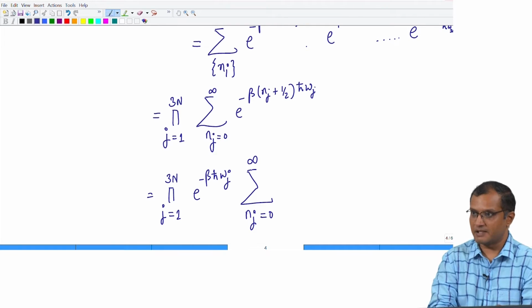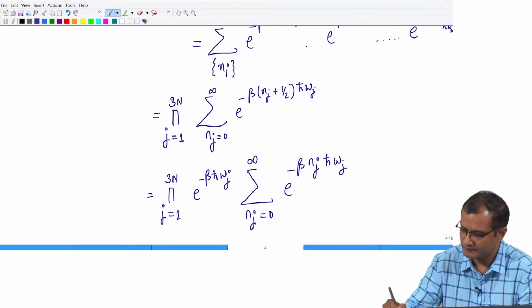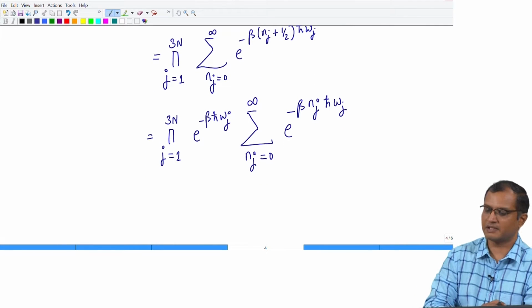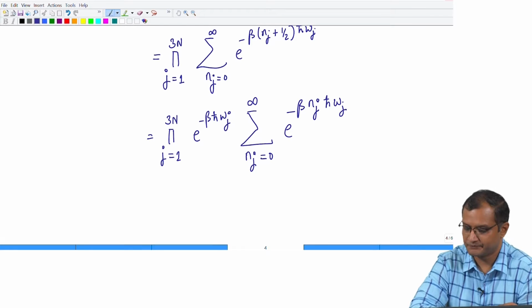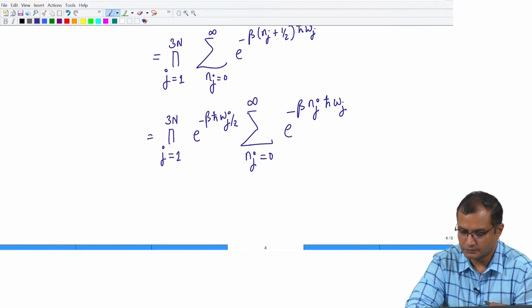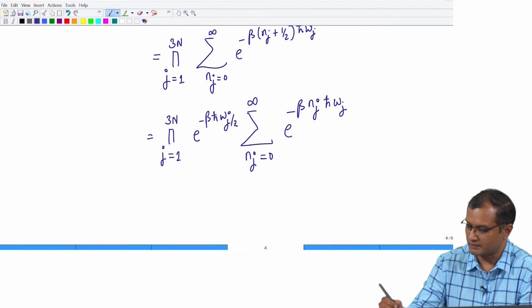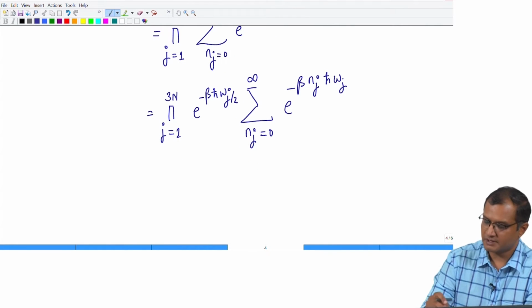Okay, the summation variable is n j only, and this is e to the power minus beta n j h cut omega j. So, for the summation the omega j is a constant here. Correct. So, there should be an omega j by 2. Fine. Okay. So, this summation is only on the n j, not on omega j, which is constant inside the summation.